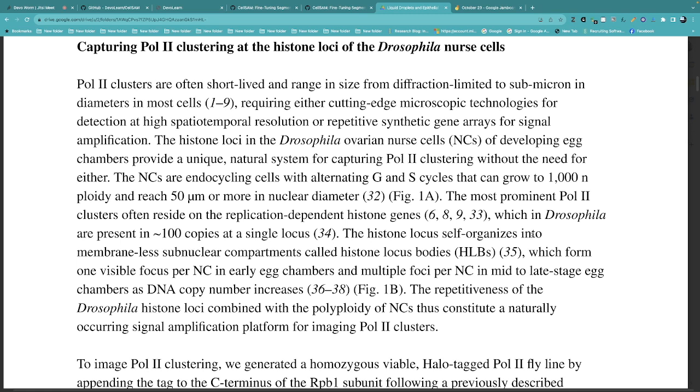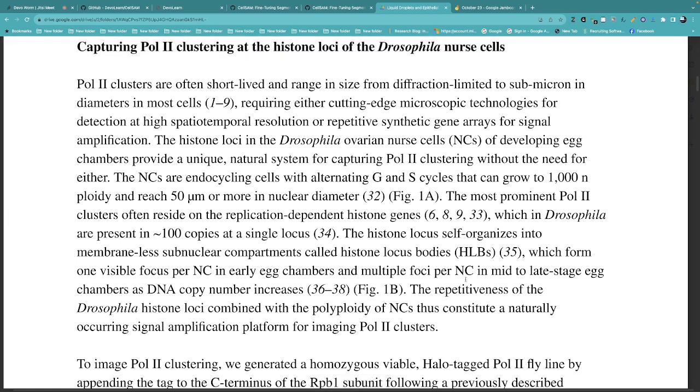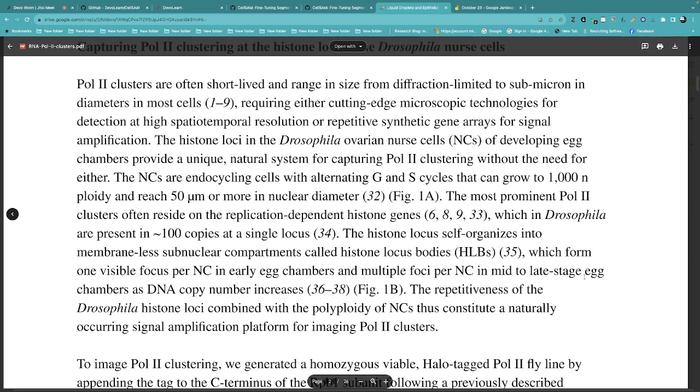The histone locus self-organizes into membraneless subnuclear compartments called histone locus bodies, or HLBs. These clusters form one visible focus per nurse cell in early egg chambers, and multiple foci per nurse cell in mid to late stage egg chambers, as DNA copy number increases.